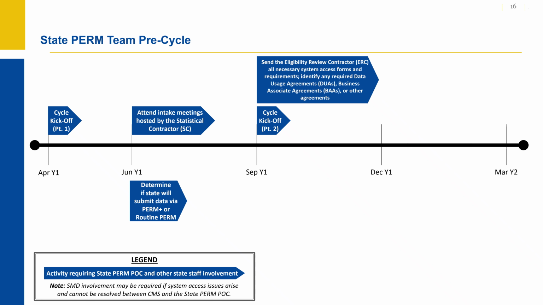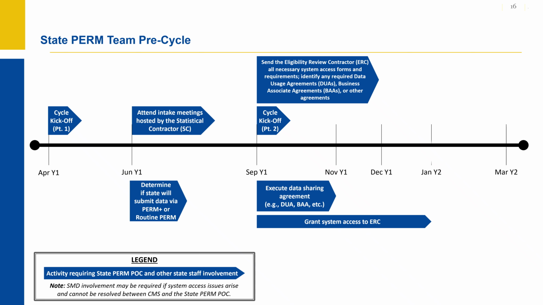From September through November of year 1, states execute the data sharing agreement, for example, DUA, BAA, etc., with the ERC. Then from September of year 1 through January of year 2, states grant system access to the ERC.